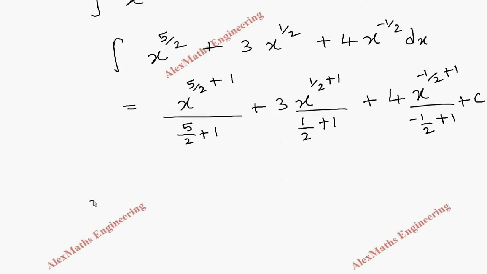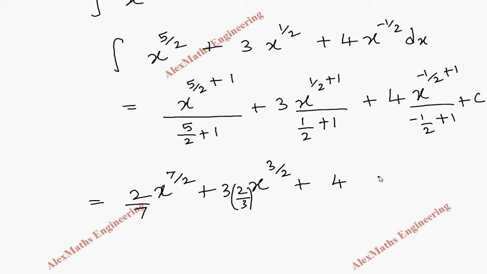Now this will become x power 7 by 2 into 2 by 7 plus x power 3 by 2, already there is a 3, and into 2 by 3 will come. Then plus 4 x power half by half will come as a product 2 plus c, and we can cancel these two terms.